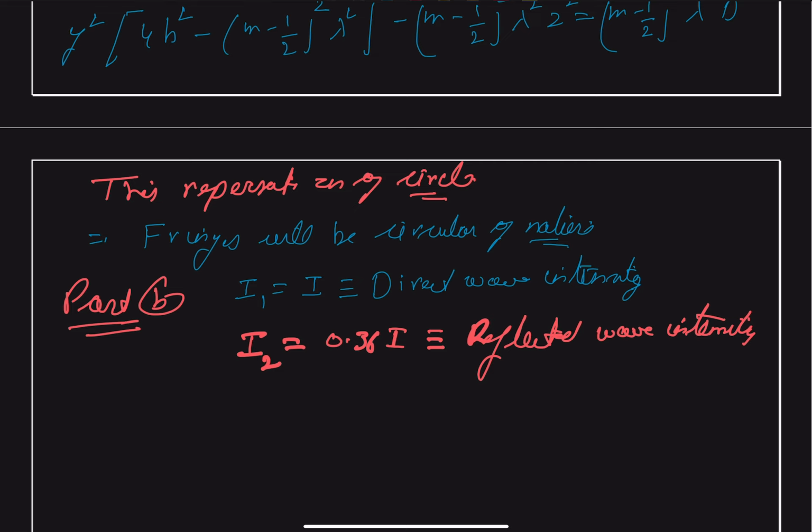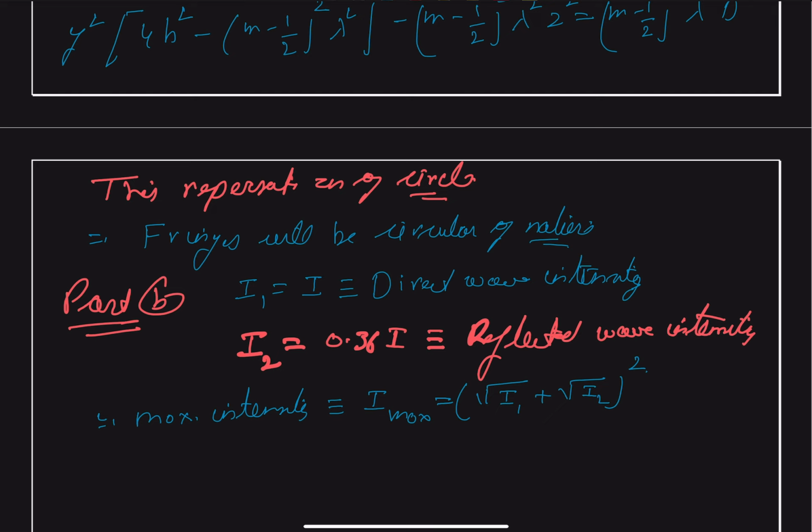And we know that the max intensity, which is our Imax, is given as square root of I1 plus square root of I2 and its whole square. We substitute the value.